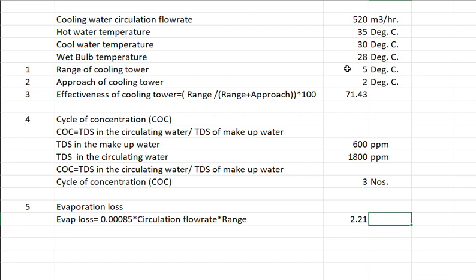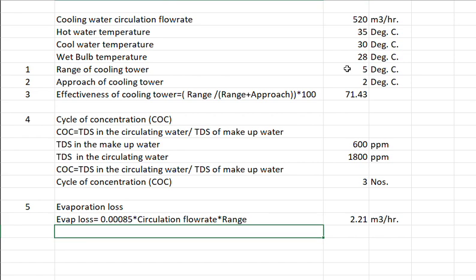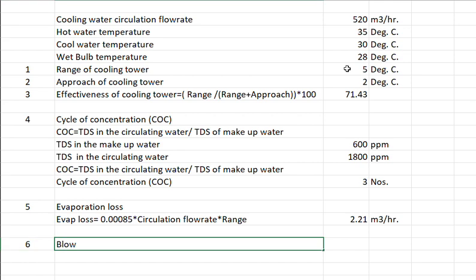So we got 2.21 something meter cube per hour of evaporation loss.